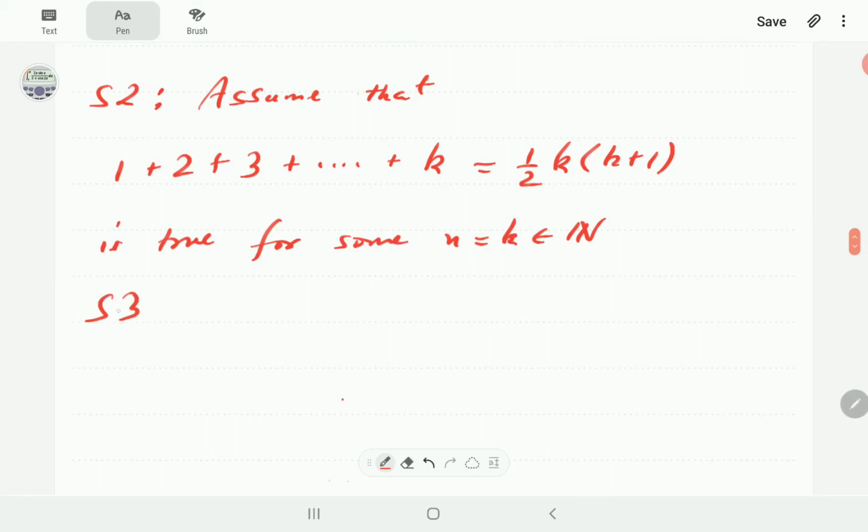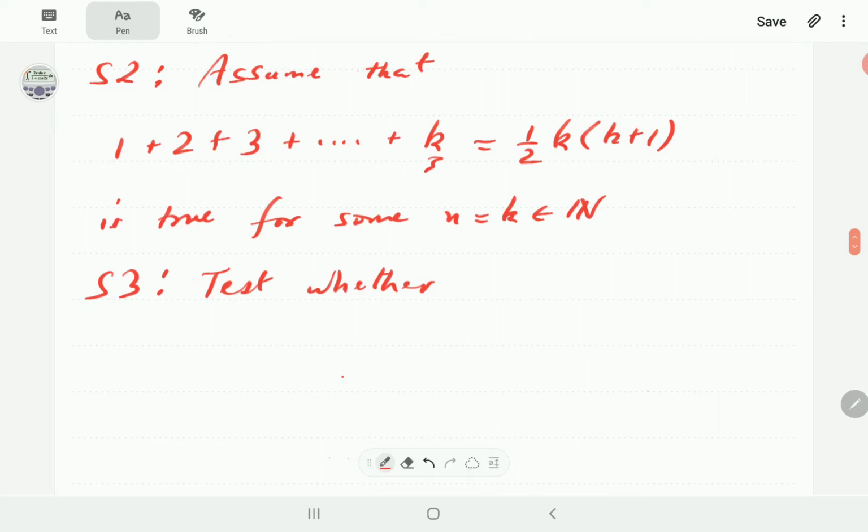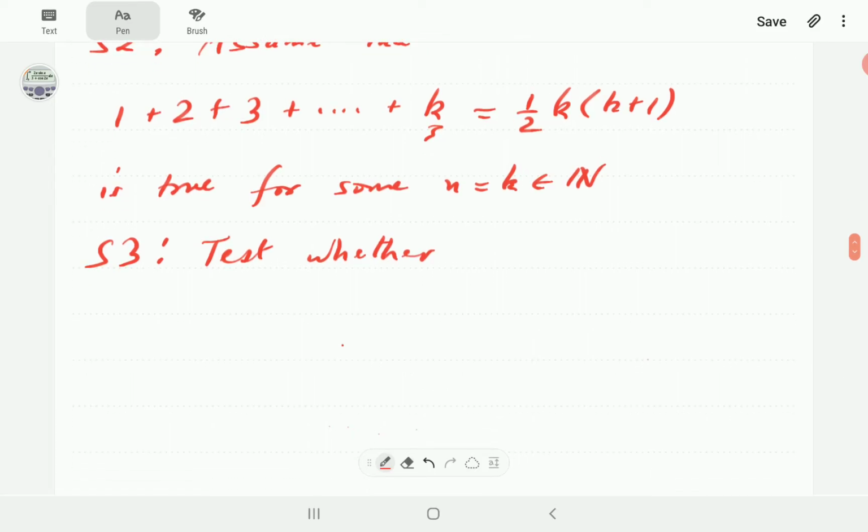Then step 3, we want to test whether... so here we've done k terms. So for step 3 we're going to do k plus 1. So we're going to add one more term there.